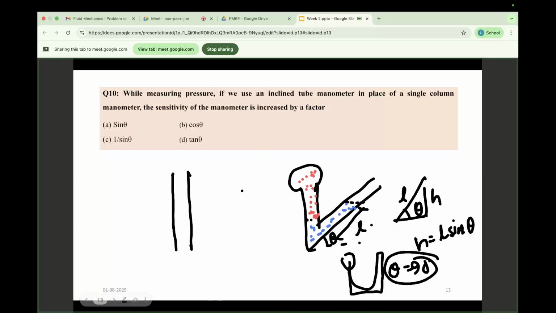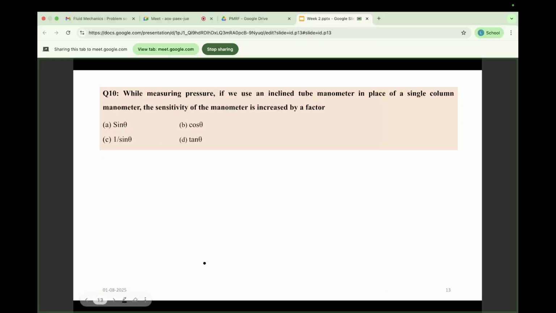Up to this, it is okay. So there are two certain scenarios given.